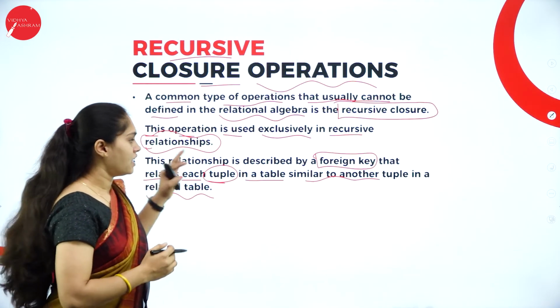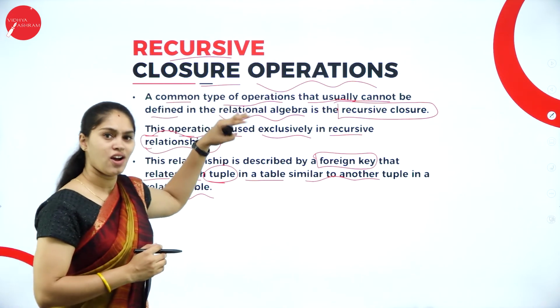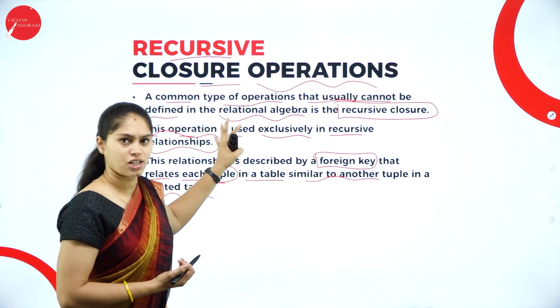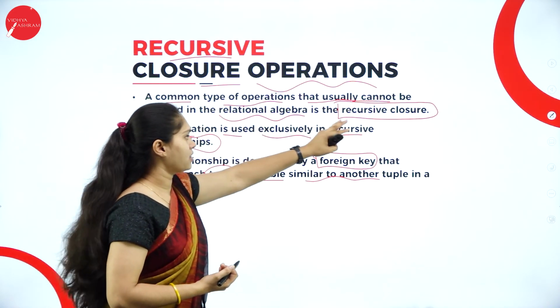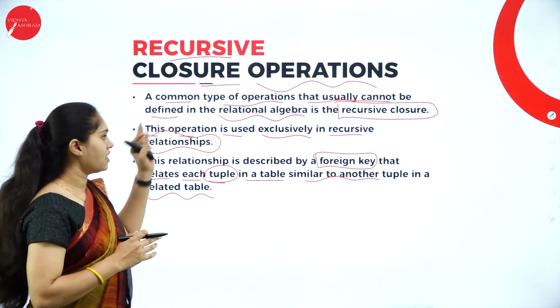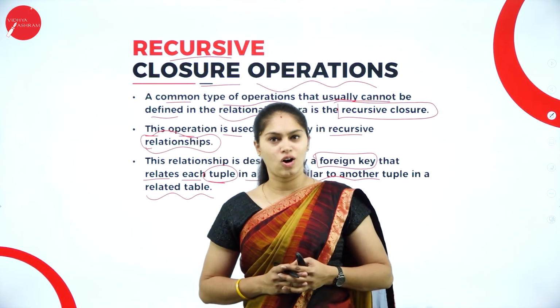Mainly to have referential integrity, we use this recursive closure operation. It also enhances the performance of relational algebra by improving the recursive relationship. So these are the additional relational operations that we have in relational algebra.